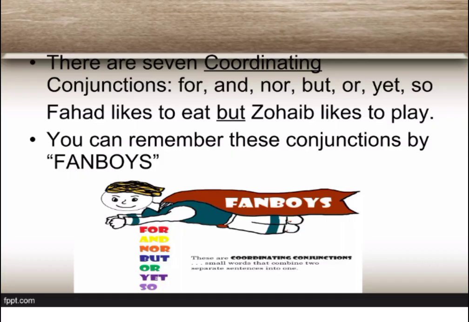Fah likes to eat, but Zohad likes to play. You can remember these conjunctions by FANBOYS: F for, A and, N nor, B but, O or, Y yet, S so.